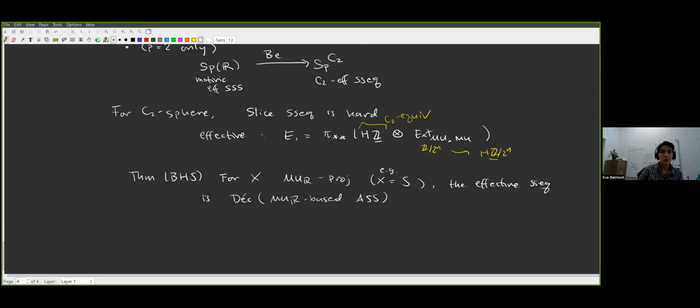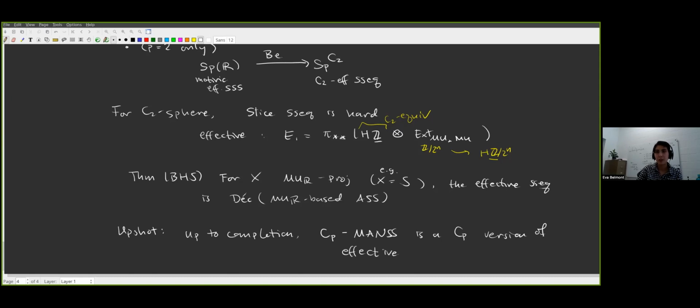So we have an analog of the MUR-based Adams spectral sequence for odd primes, but after completion. The upshot is that, up to completion, the spectral sequence we produced, the CP Mans, is a CP version of the effective spectral sequence, which is something that didn't exist before. All right, that's my talk. Thanks for listening.